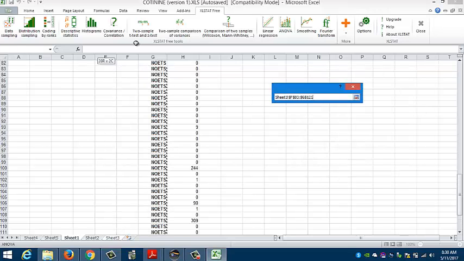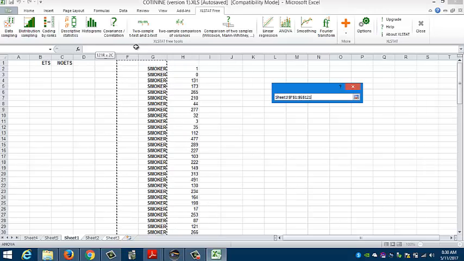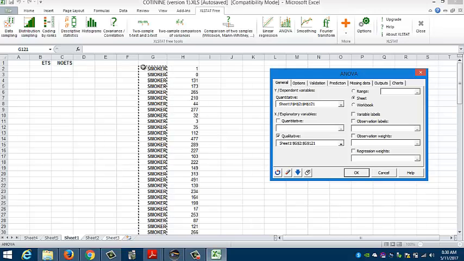I'm going to highlight all those. Again, trying to do this without a computer would be crazy. With a computer, though, we can do some amazing things. Once you get that highlighted, you press OK, and you will have a little report come up.